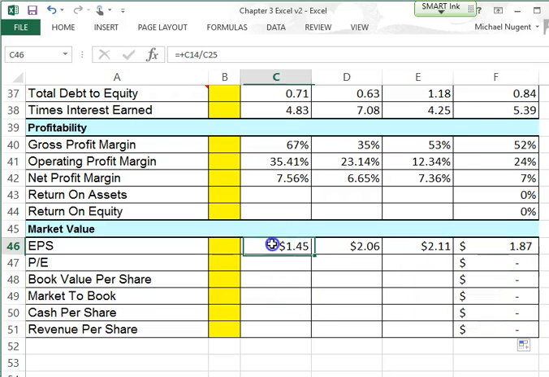Okay. So, if you see, McDonald's has the lowest earnings per share compared to Wendy's and Yum brands.